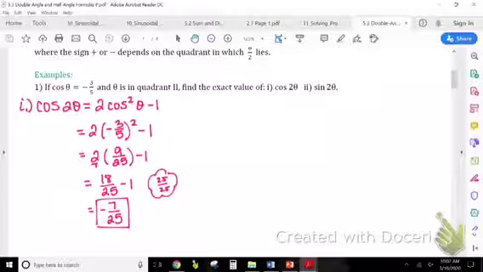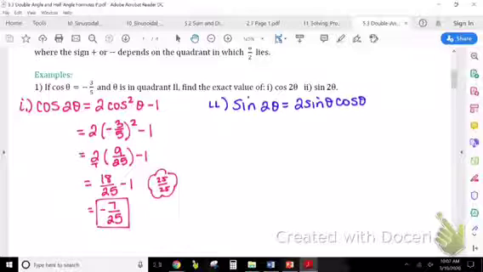So let's look at B, or part 2 here. It says we want to find sine of 2 theta. Well, if you go back up to the top, under your double angle formulas, you see sine of 2x is equal to 2 sine of x cosine of x. So I know this is going to equal 2 sine of theta cosine of theta. So unfortunately, we don't know sine of theta, do we?